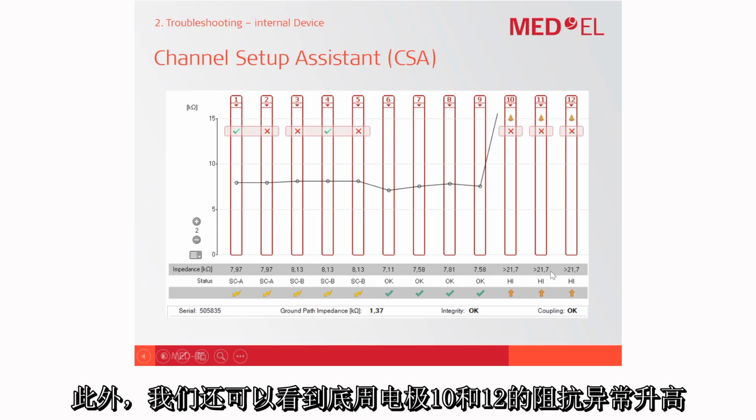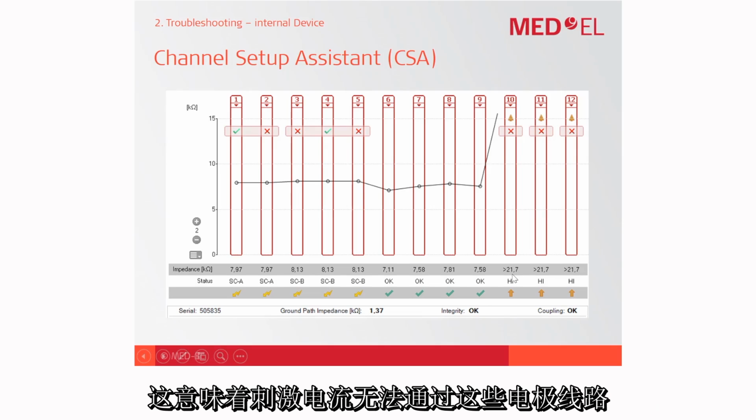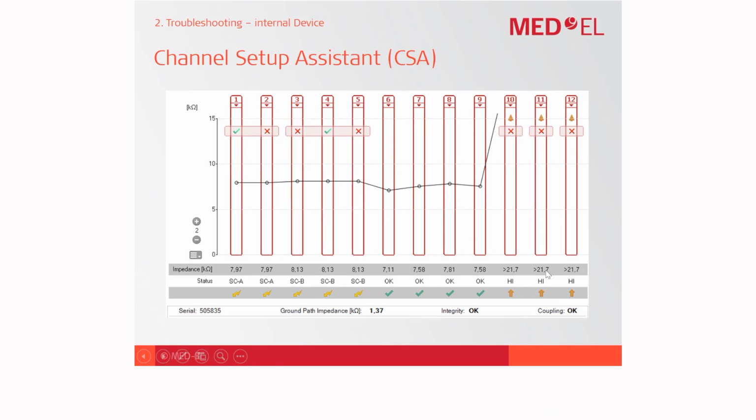Additionally, we see that basal channels number 10 to 12 return high impedance. So this means that the system was not able to drive a stimulation current through these electrode wires.